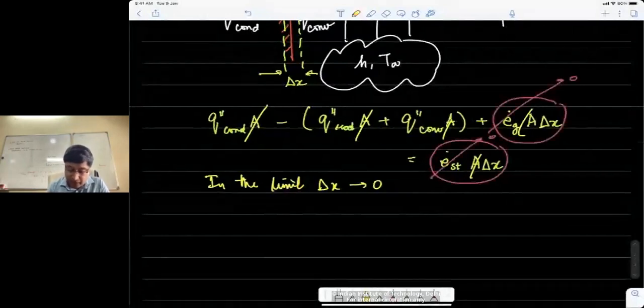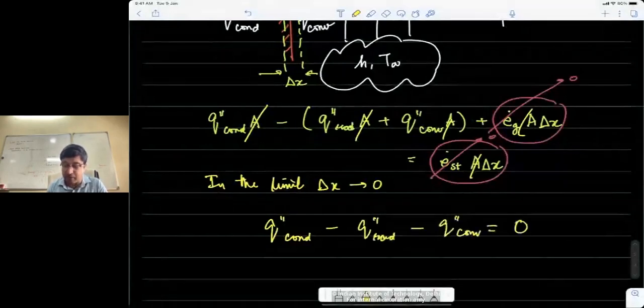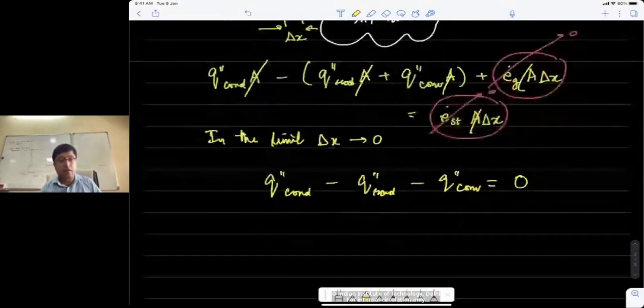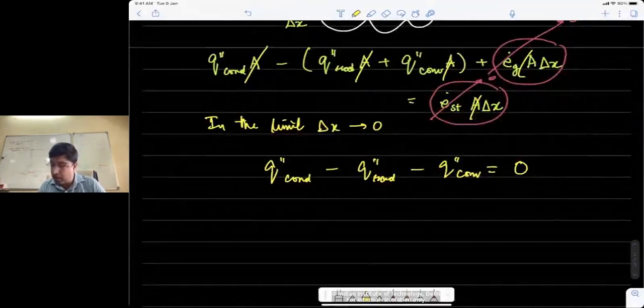And so what we'll be left with is q double dash conduction minus q double dash radiation minus q double dash convection is 0. And that basically becomes the boundary condition for our heat transfer analysis. So this will be the form of the boundary condition that we will use in almost all our heat transfer analysis.